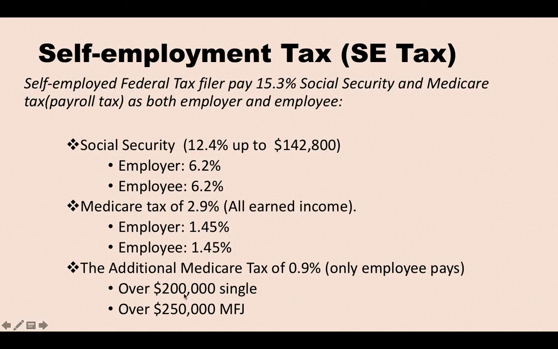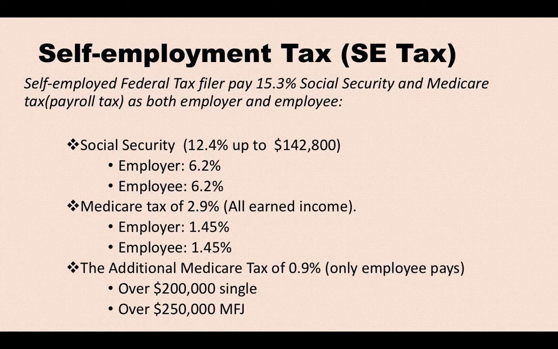When your Medicare income is more than 200,000 for single, you have to pay 0.9% additional Medicare tax. If you are married filing jointly and your Medicare income is more than 250,000, you are subject to the additional 0.9%, right?